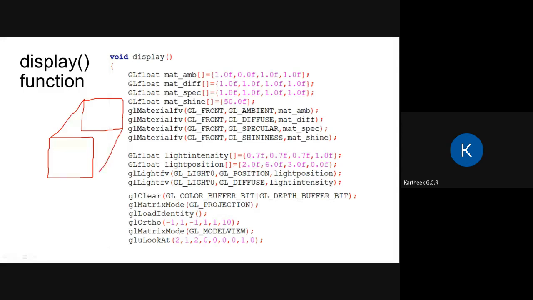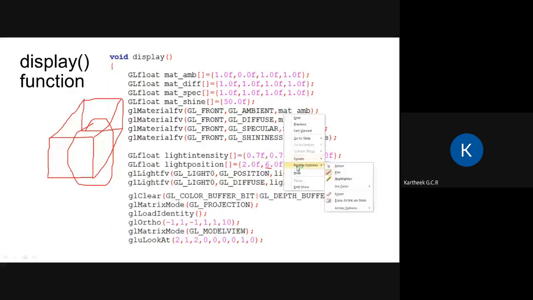We are placing our light at 2, 6, 3. So 2 along the x-axis, 6 along the y-axis, right? And z is 3, somewhere towards this area, but a little over and above. That's why y is 6, right? It's quite at a higher level.